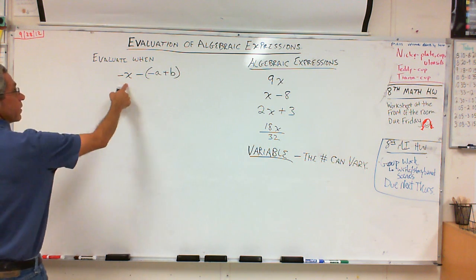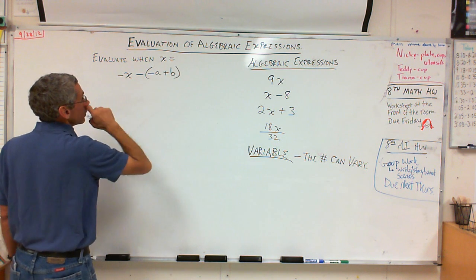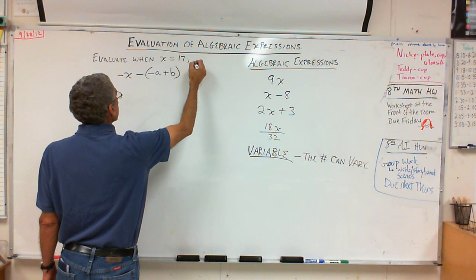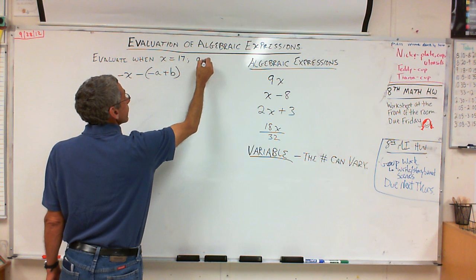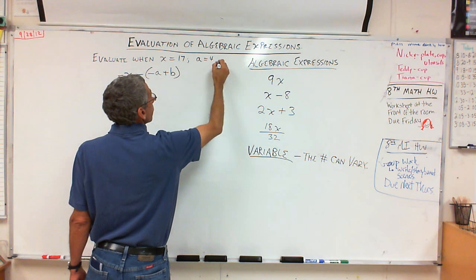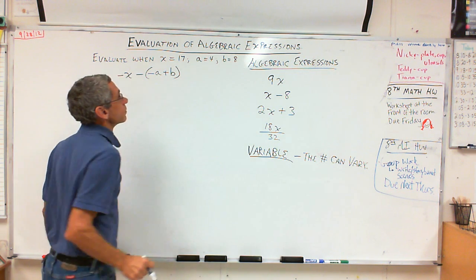So evaluate that when x is equal to 17, a is equal to 4, and b is equal to 8.